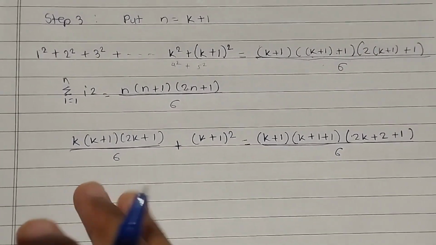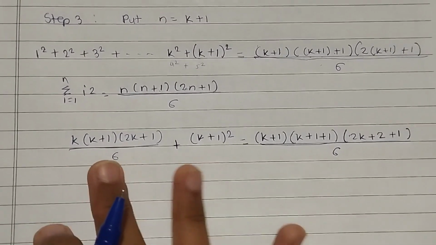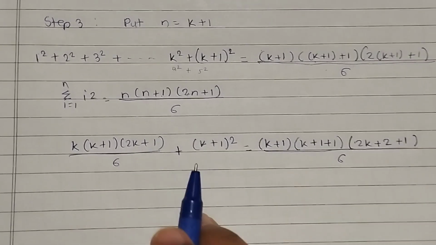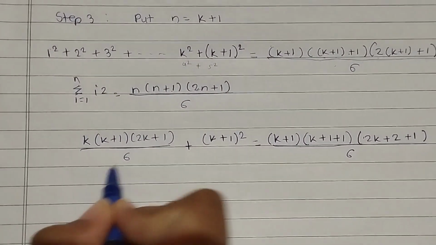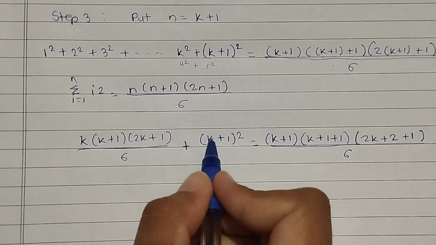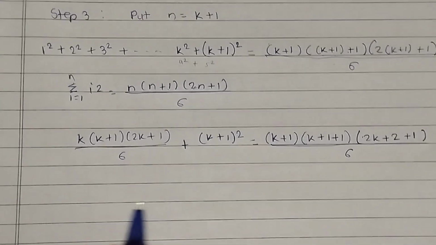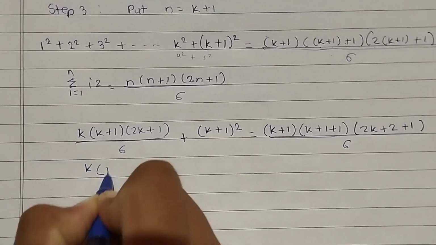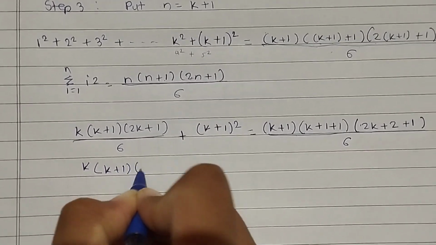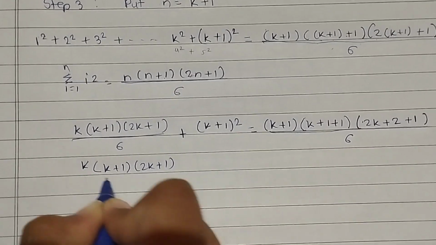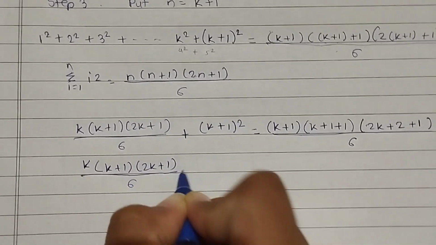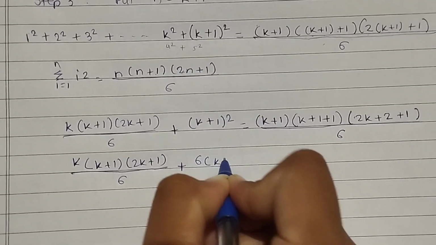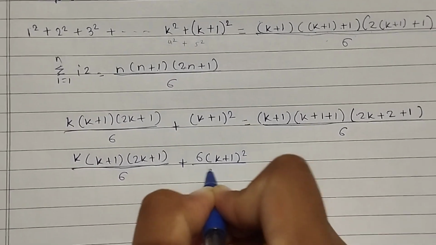Now this divided by 6. So as we know the rule for the addition, the denominator should be the same. So we multiply and divide this (k plus 1) squared with 6. So this k into (k plus 1) into (2k plus 1) divided by 6 plus this k into (k plus 1) squared divided by 6.